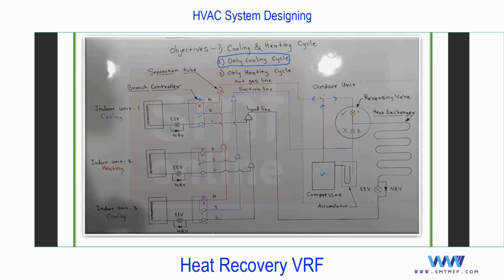So the refrigerant will enter the left line, but these valves are closed now, so it will not flow. And the refrigerant will now flow in the right direction. This valve is open and this is closed in cooling. Since this valve is open, the refrigerant can flow and it will enter this heat exchanger, called the condenser.